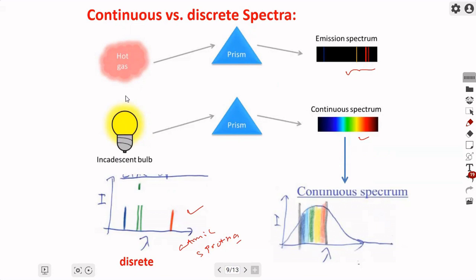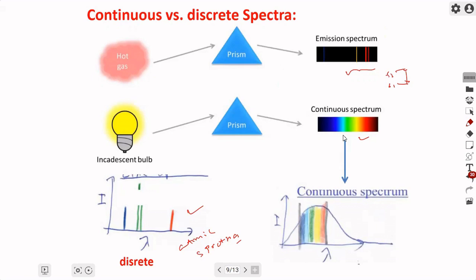When we analyze the spectrum of a hot gas, meaning a gas which contains atoms, the atoms get excited. When they go back to a lower energy level, they emit radiation, and we get this emission spectrum. When an atom goes from a high level to a low level, it releases energy. So here we get this discrete spectrum, which should not be the case.